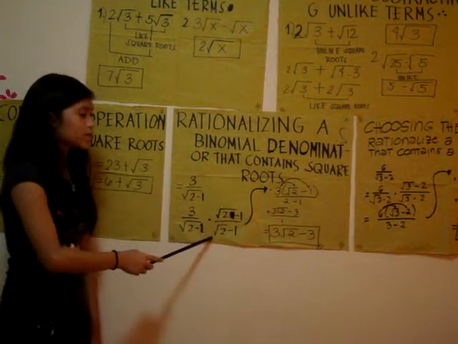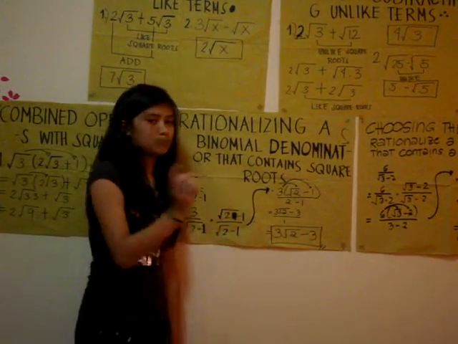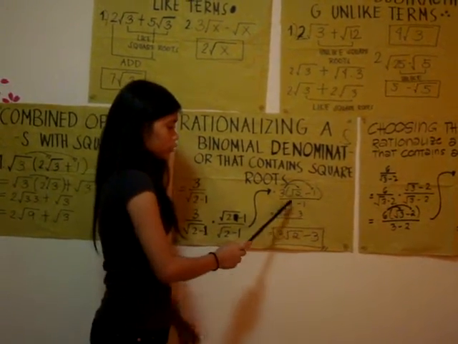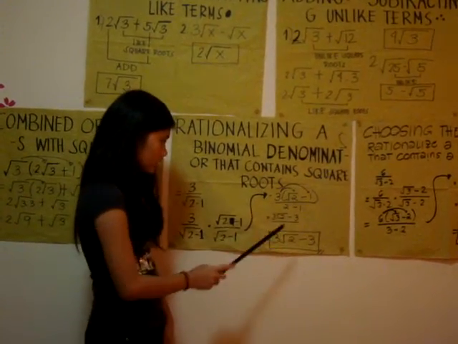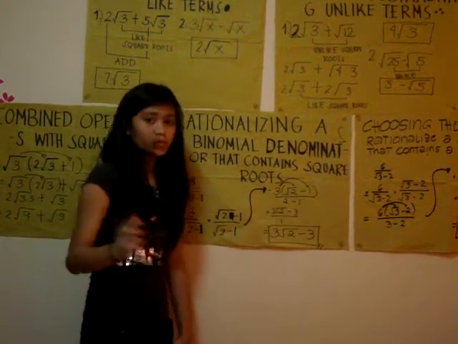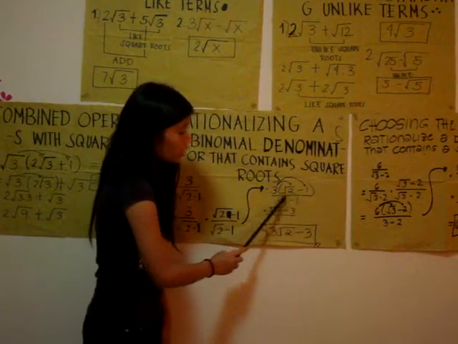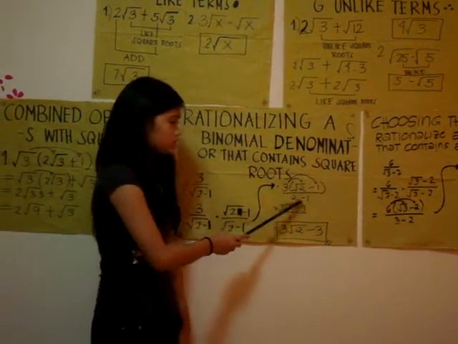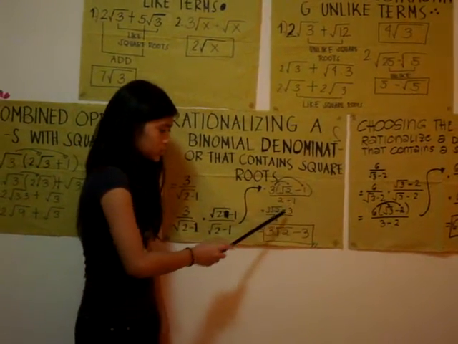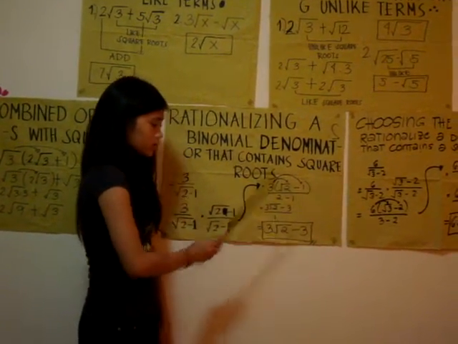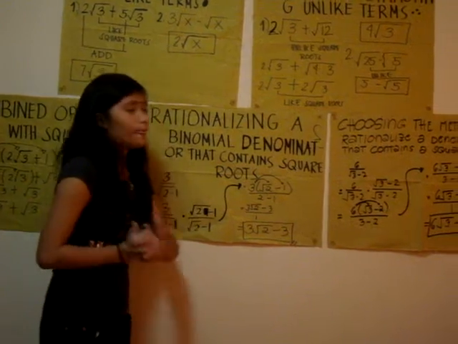We cancel the radical sign, so the result is 2 minus 1. So we got 1 here because after distributing it, we need to subtract. So 2 minus 1 is equal to 1. So the answer is 3 square root of 2 minus 3.